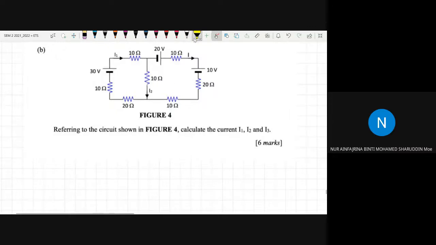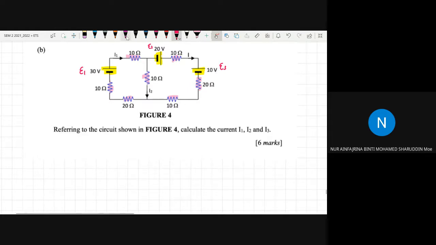Okay, so first of all, we will highlight the EMF first. Then I'm going to highlight the resistor so that you guys don't get confused. And then I'm going to label my EMF and also resistance. So, Miss will label this E1, this E2, this E3. Now what will Miss label? Miss will label resistance.